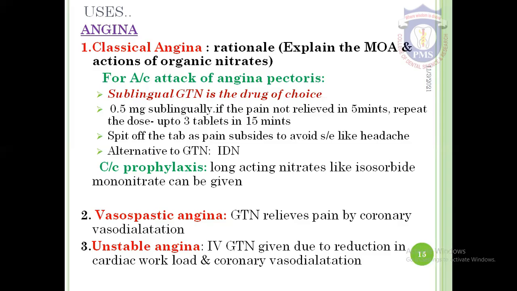An alternative agent for an acute attack is isosorbide dinitrate. For chronic prophylaxis, we can use long-acting nitrates like isosorbide mononitrate. Nitrates can also be used for vasospastic angina.